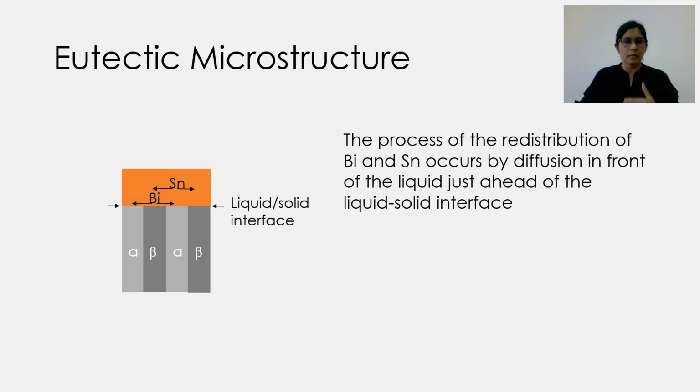What you see in this visual is that we are going to start moving the bismuth in front of the beta solid solution towards the alpha solid solution at the left, and also the alpha solid solution at the right of the beta solid solution. We do this along the liquid-solid interface. Similarly, this happens to tin in front of the alpha phase, so it will be redistributed towards the beta solid solution.